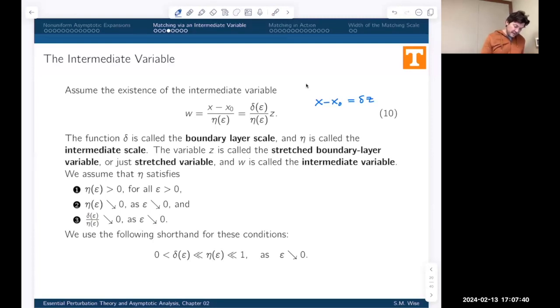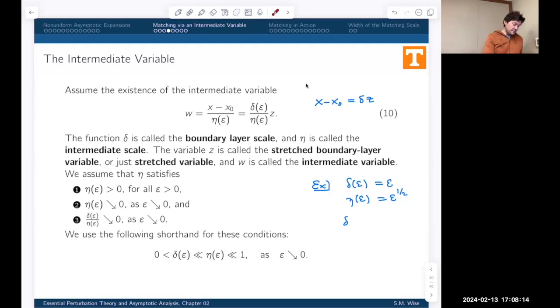So, for example, we can have, let's see that this all works out. So do a little side example here. First of all, both of these satisfy the properties. These both go to 0 as epsilon goes to 0. Does everyone believe that?